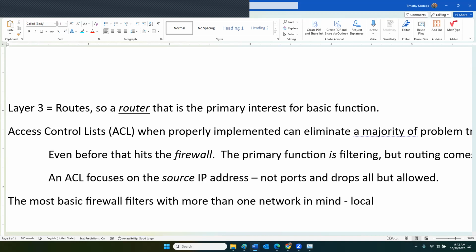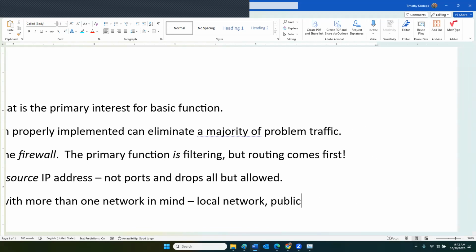So it's the local network. What's that network that's closer to the internet, but it's not the public network? Anyone?